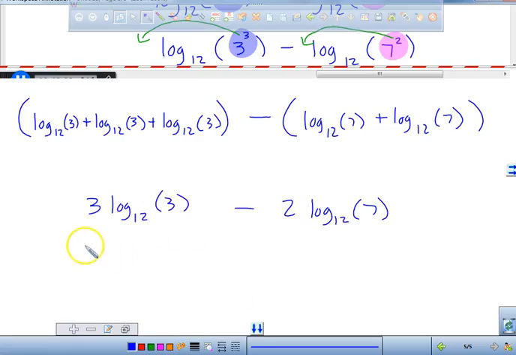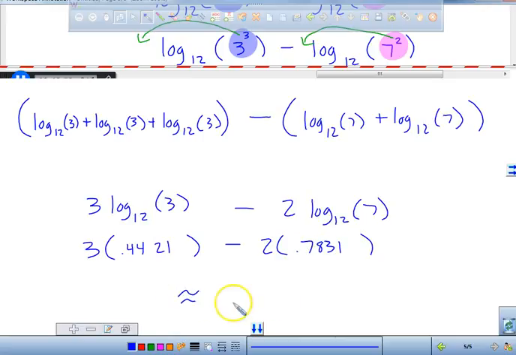All right, now to finish this problem off, you have approximate values for this, which is 0.4421, and you have approximate values of this right here, which is 0.7831. Now you're going to get an approximate value that's negative 0.2399. Now this is your final answer.